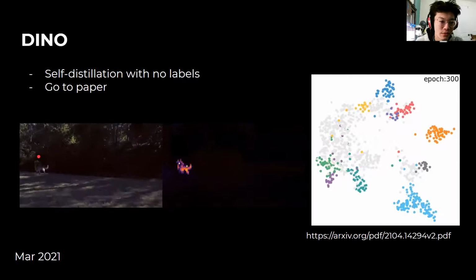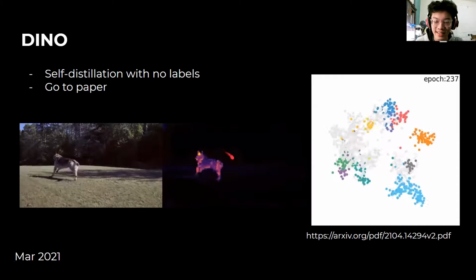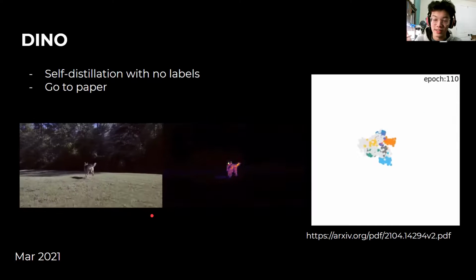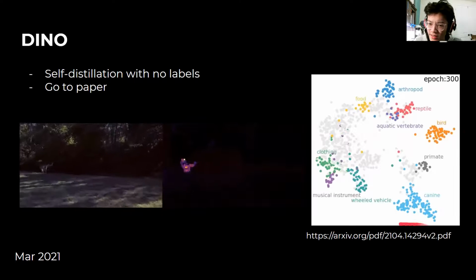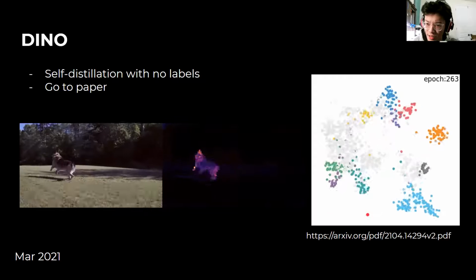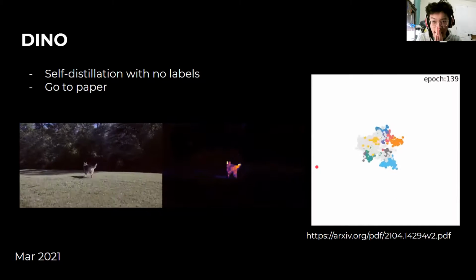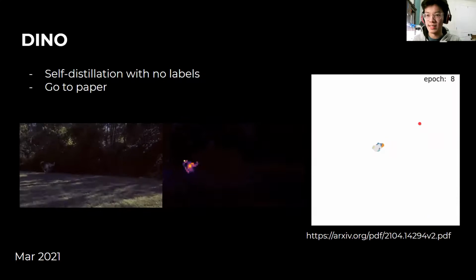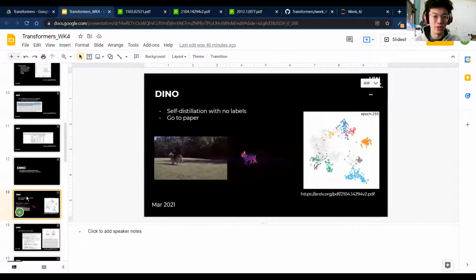So for example, in this video here, we can see in the attention mask that it's able to focus on the dog at all times without training on a segmentation task. And on the right here, it's actually, I believe, a clustering algorithm on the trained embeddings of the model. I'm pretty sure it trained on ImageNet, and it's got a lot of classes, and it's able to group classes together without us ever telling it what classes these images should be.